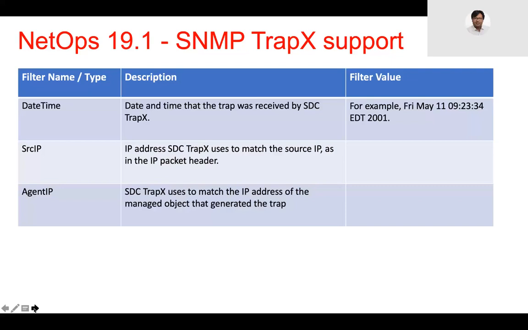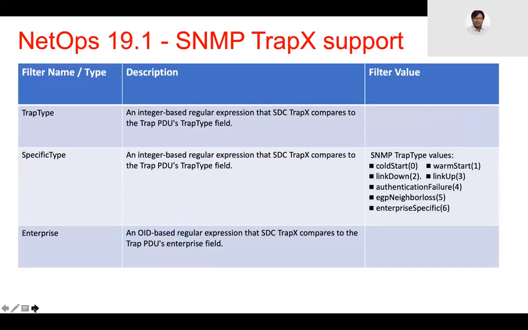So again, key filters here, in total we have 6 filters right now: date time, source IP, agent IP, and then trap type, and then specific type and enterprise.